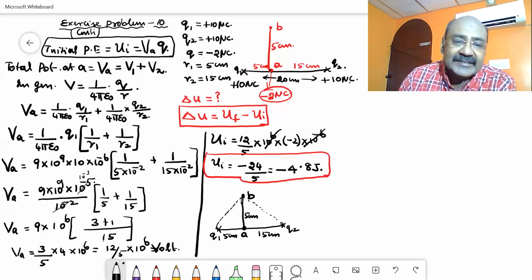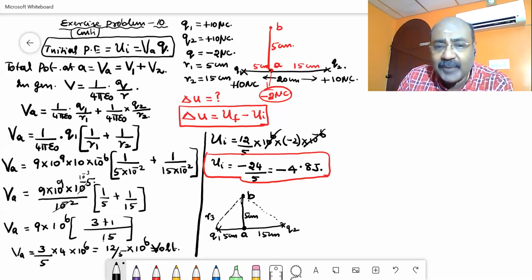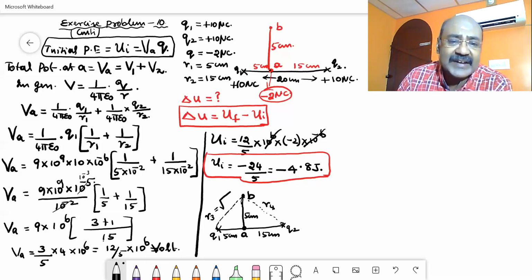Let us take, if you want to calculate the potential at B due to Q1, then this distance should be known. Let us consider it as R3. If you want to calculate the potential at B, we should know this distance. Let us calculate that as R4. What is R3? R3 will be equal to root of 5 square plus 5 square.